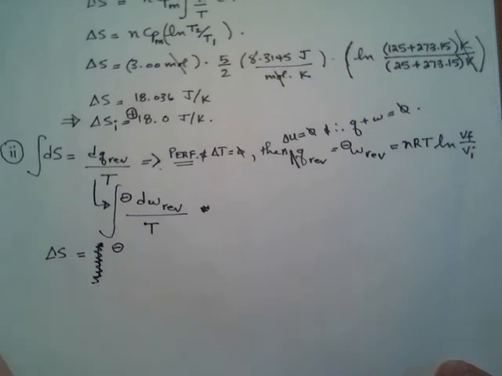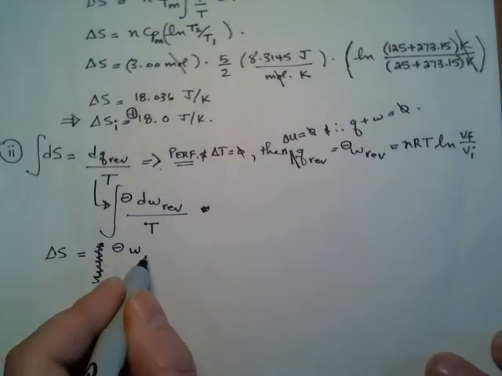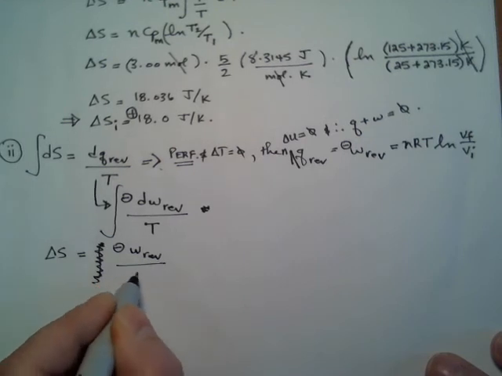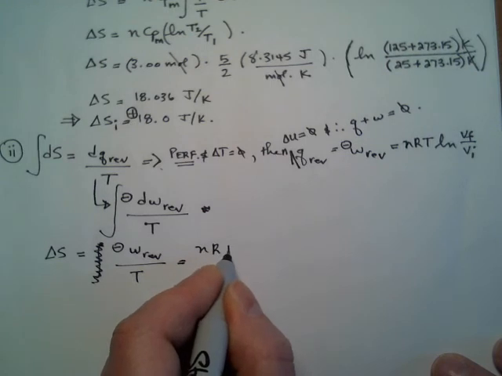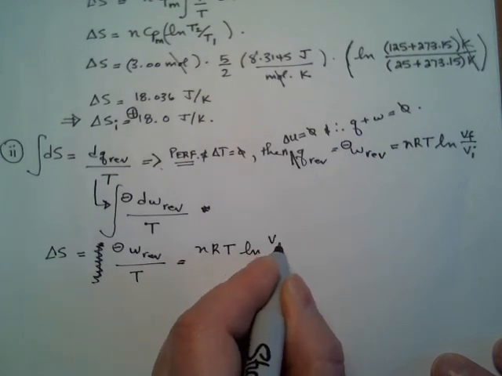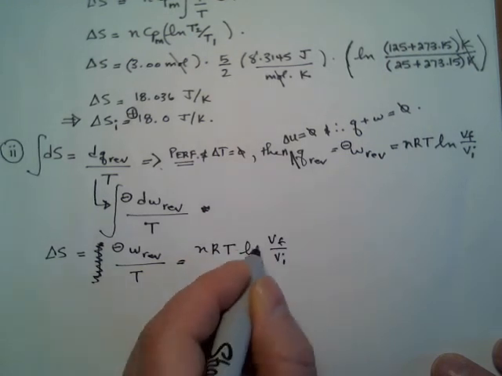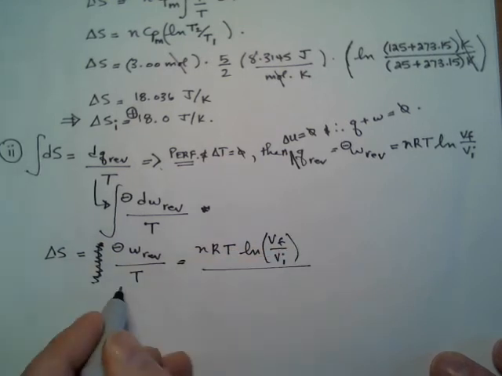It's equal to the negative value of my work over T, which is equal to nRT ln V final over V initial all over that constant temperature.